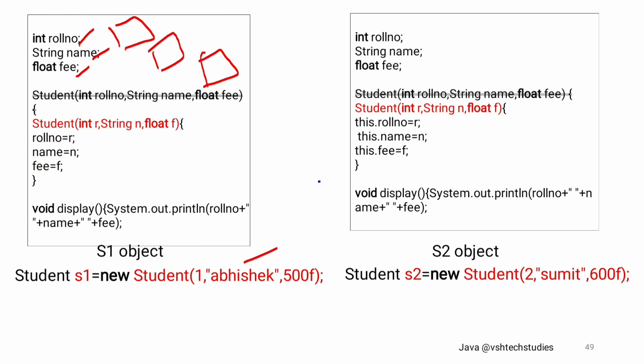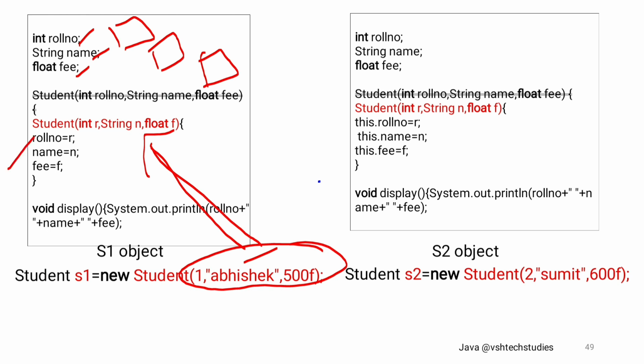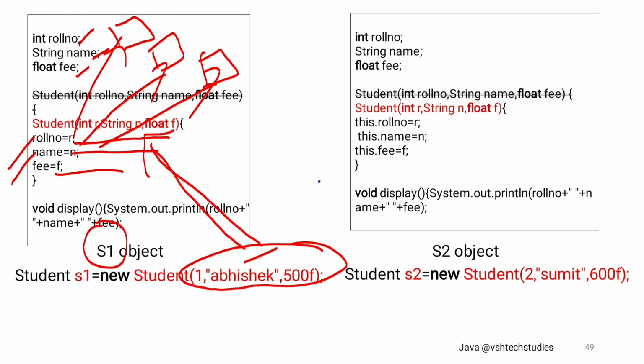That is how these three parameters are copied to the formal parameters, and because of this code they are assigned to the roll number, name and fee fields, and finally copied into the data fields of the S1 object. The same explanation follows for the S2 object also.